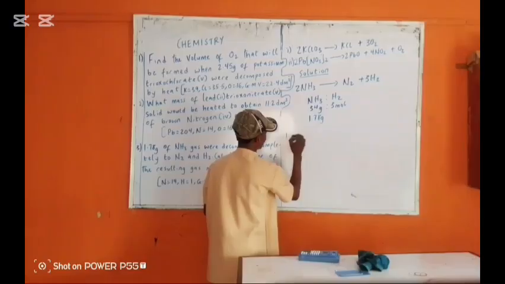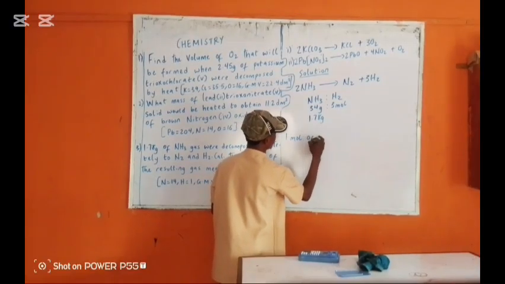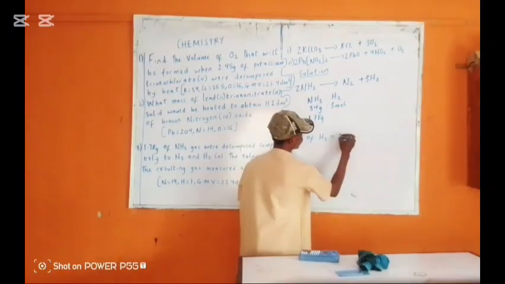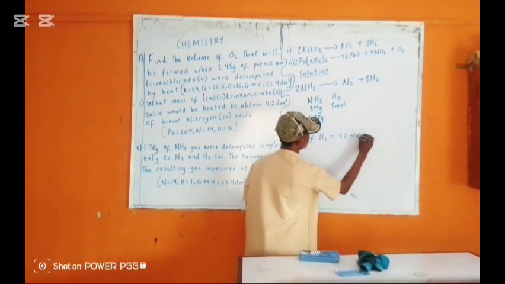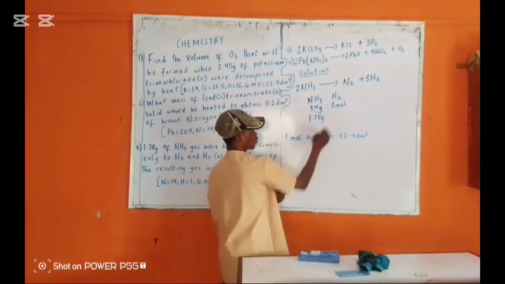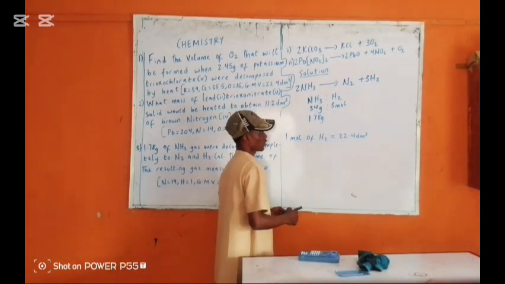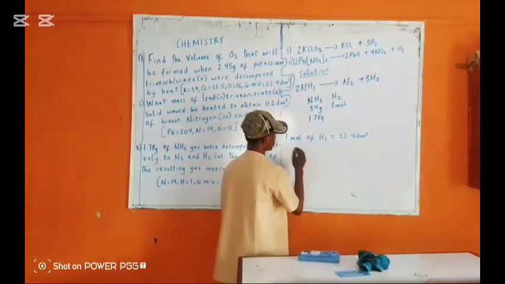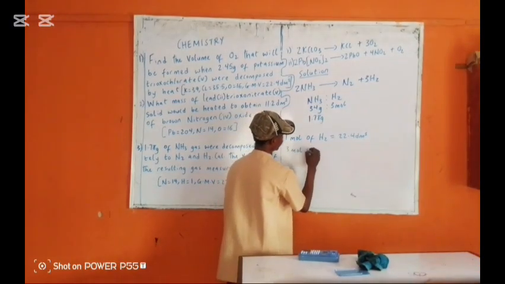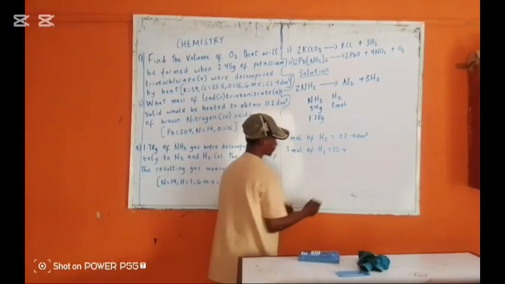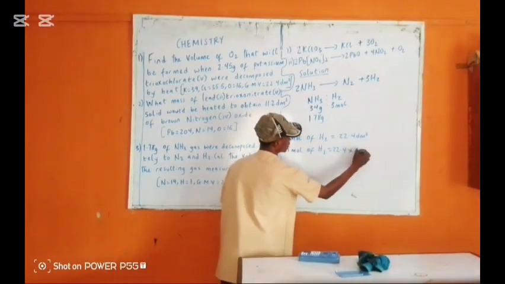So 1 mole of hydrogen gas will occupy 22.4 dm cube at STP. So 3 moles will be 22.4 multiplied by 3.